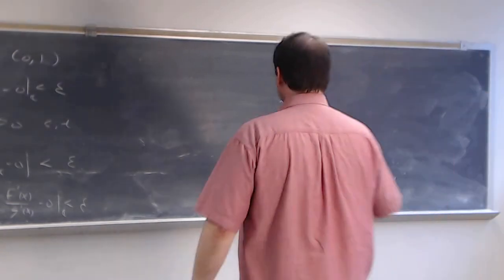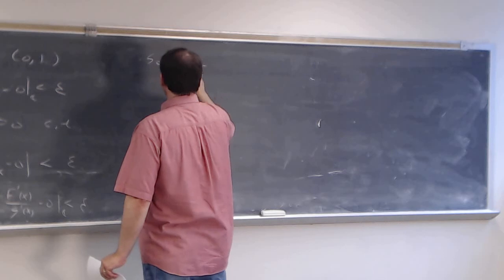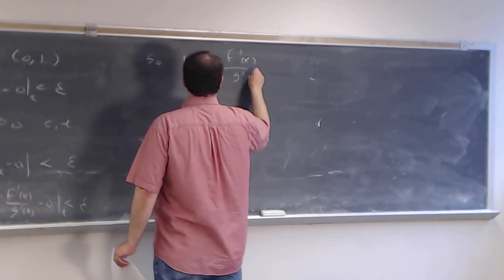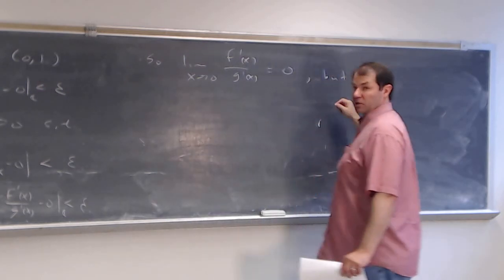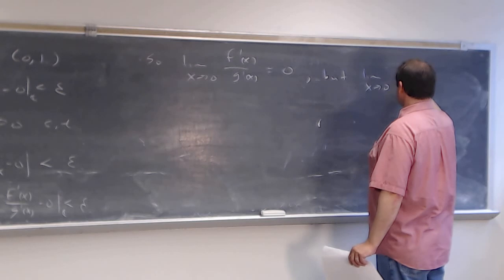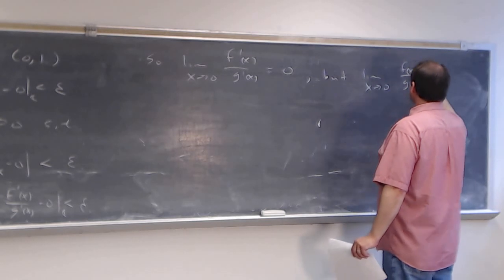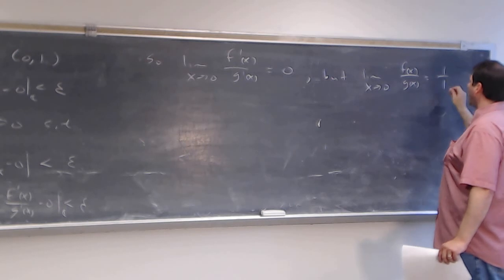So what we have is that the limit as x goes to 0 of f prime of x over g prime of x equals 0. But, and I should have said this earlier, from our previous work, the limit as x goes to 0 of f of x over g of x is going to be equal to 1 over 1.